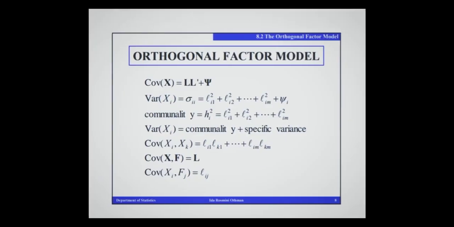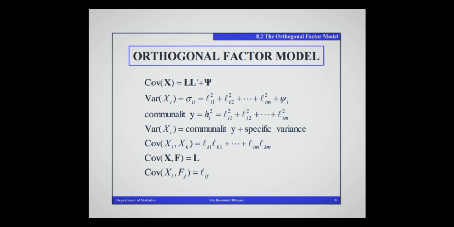Okay, so how to find the covariance of X? Kita boleh juga cari covariance of X, which is the big sigma lah sebenarnya kan. The formula nya adalah factor loading multiply transpose of factor loading plus the diagonal matrix of error variance. Okay, covariance of error lah psi ni.